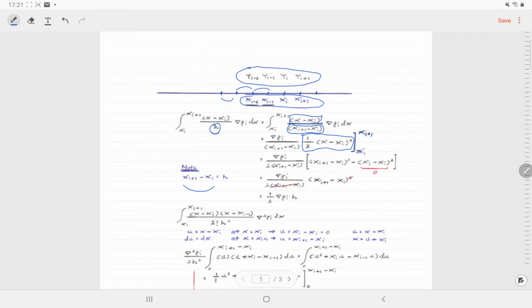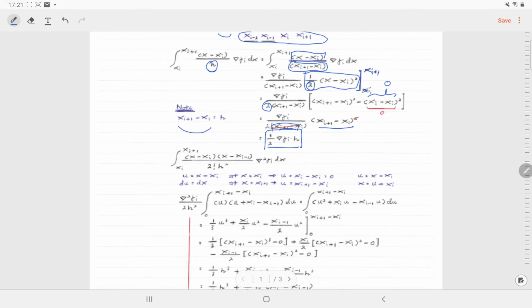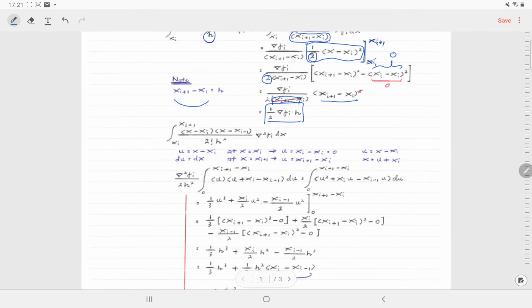Okay, and then these two in here will be moved into the front part. Okay, and then the second term in here will become 0. And then we can cancel out the one in the bottom in here with one term on the top in here. And then we will get this term in here, half multiplied by this delta f i multiplied by h.